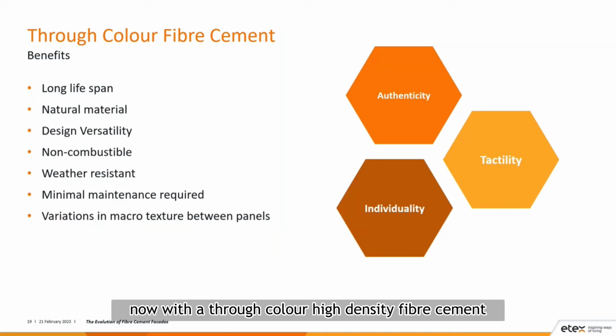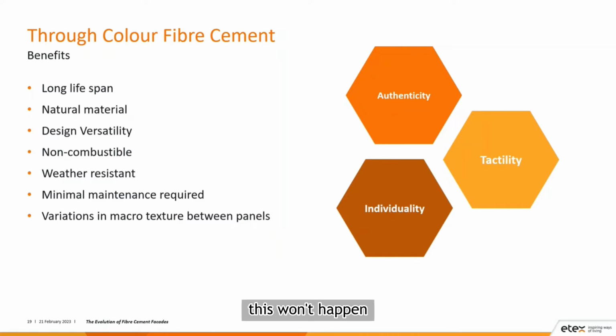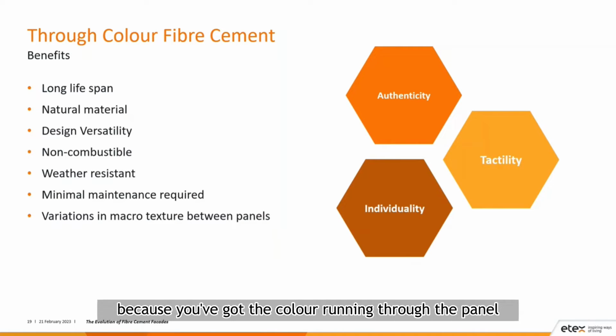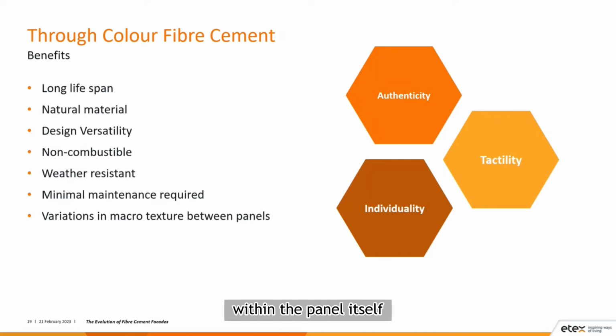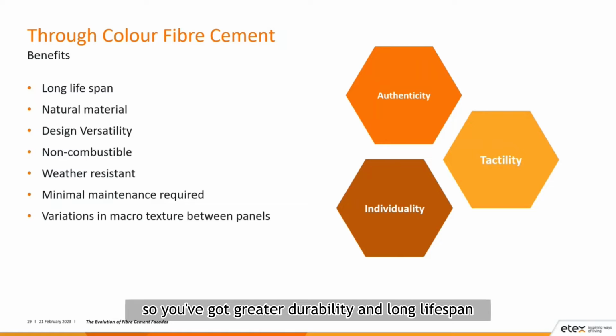Now, with a through color high density fibre cement, this won't happen because you've got the color running through the panel, but you've also got the high density, which means that a lot of the capillaries are closed within the panel itself, so water doesn't have anywhere to track. So you've got greater durability and long lifespan with a through color high density fibre cement.